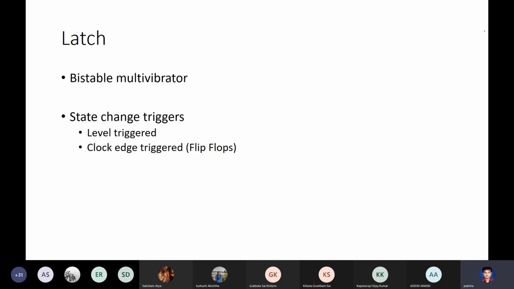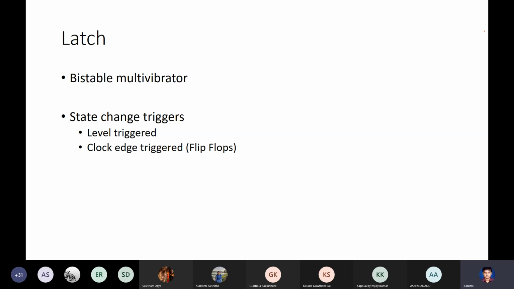We have seen the SR latch; we'll see the D latch, or the delay latch; we'll see the T latch, or the toggle latch; and we'll see the most general form of latch, the JK latch, or more commonly the JK flip-flop, the Jack and King flip-flop. And we'll see their circuits, and how to design their circuits.